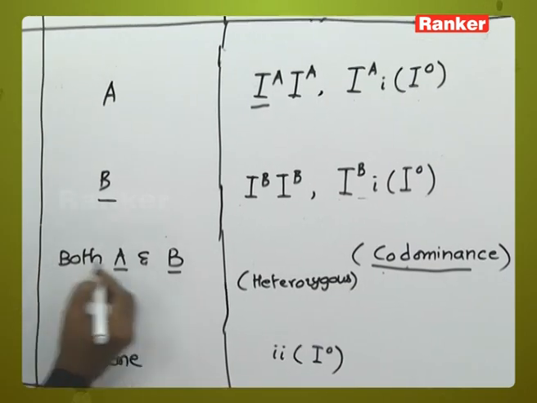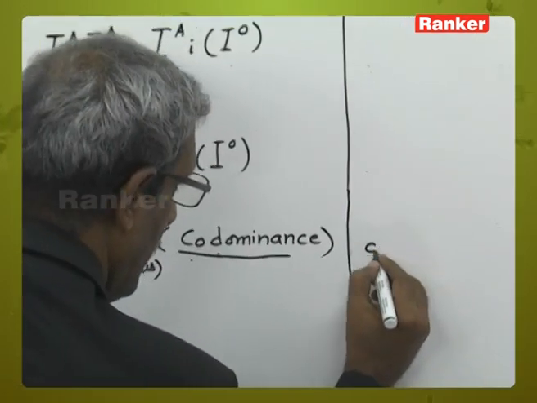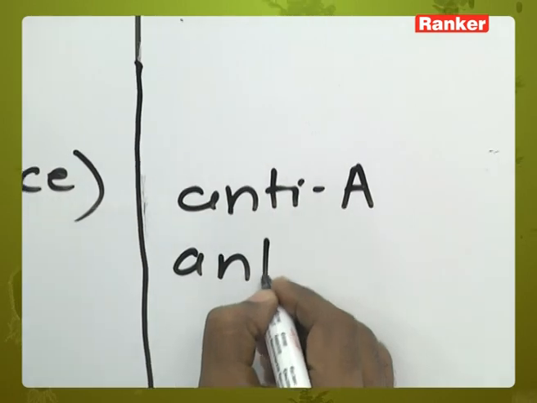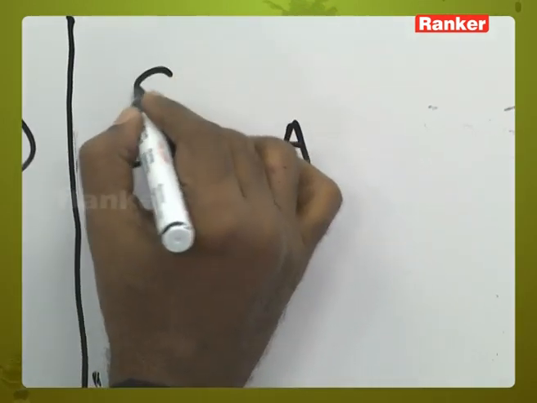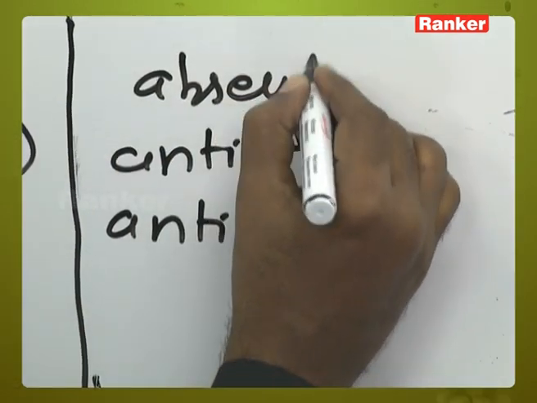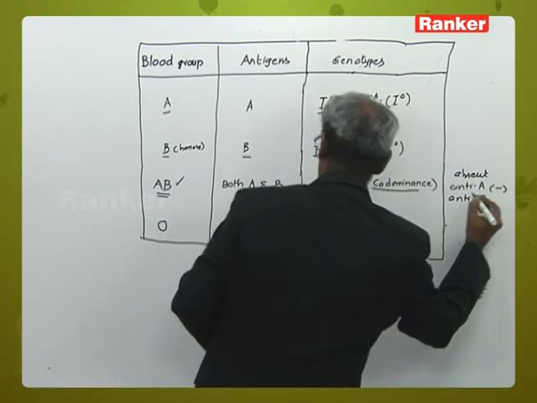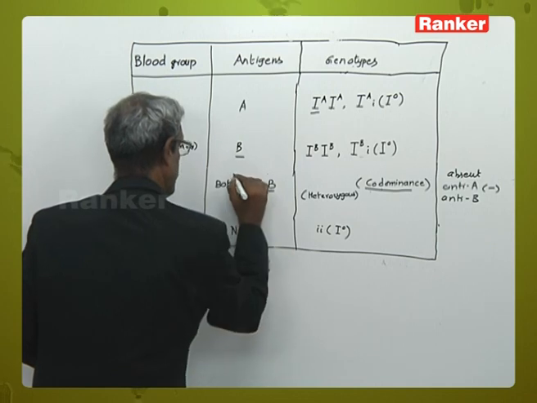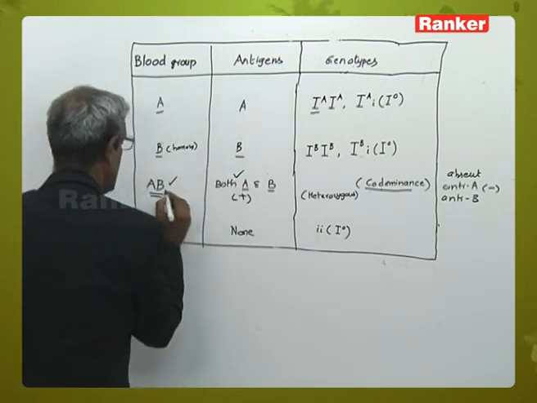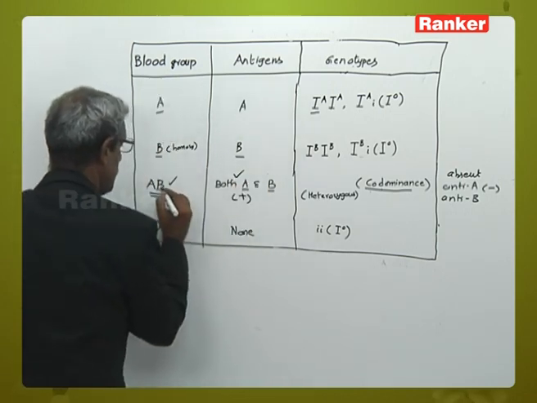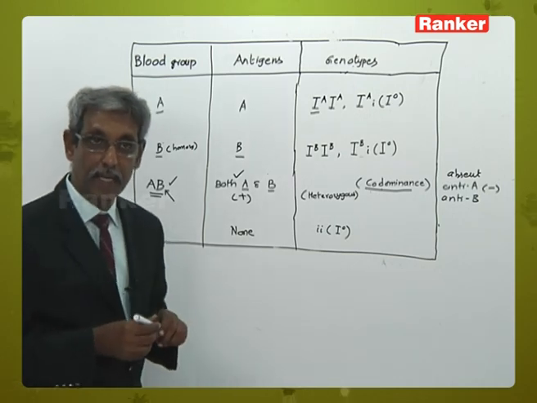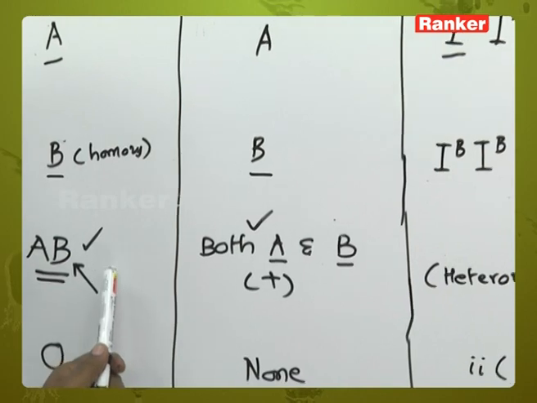You do not have antibody A and also antibody B, both are absent, whereas both the antigens are present. Thereby, this is seen especially in blood group AB. Hence, the answer to question number 18 is AB, that is choice C.